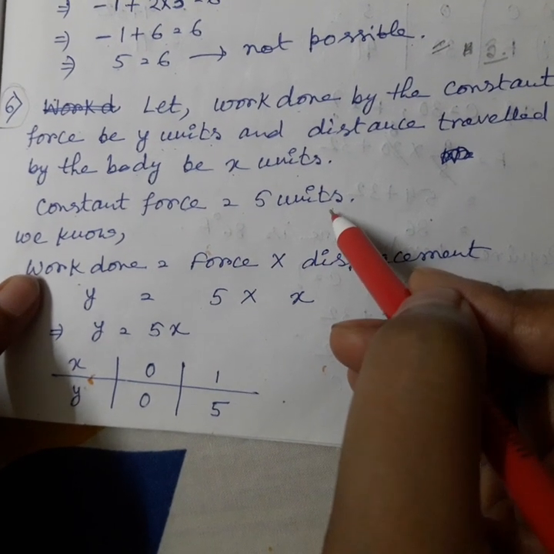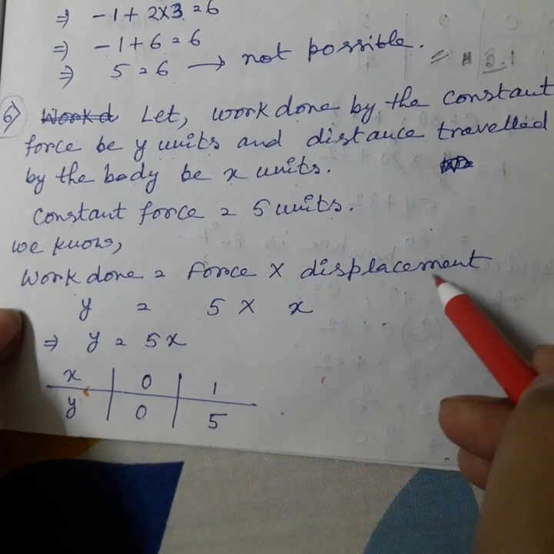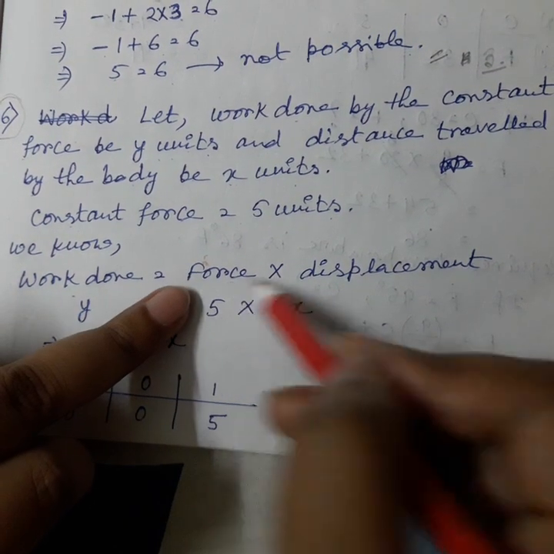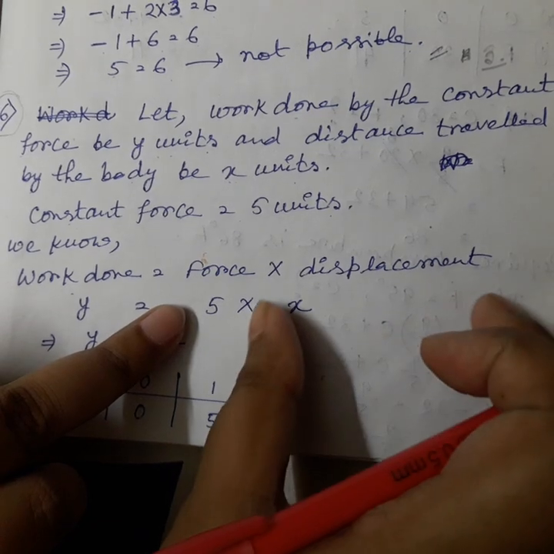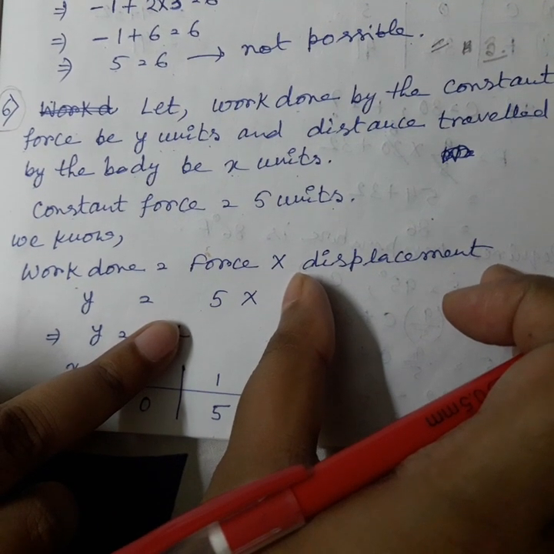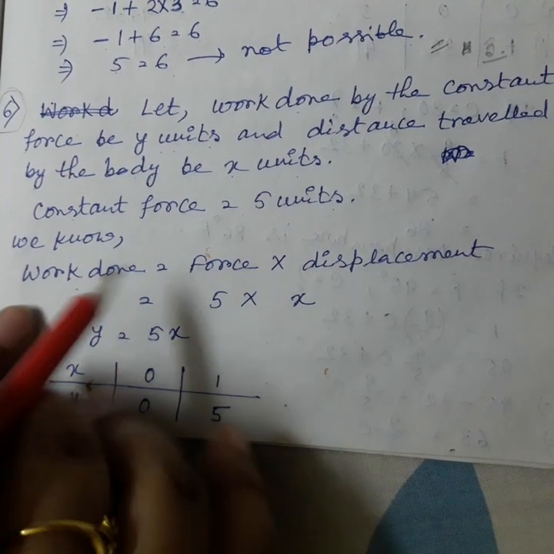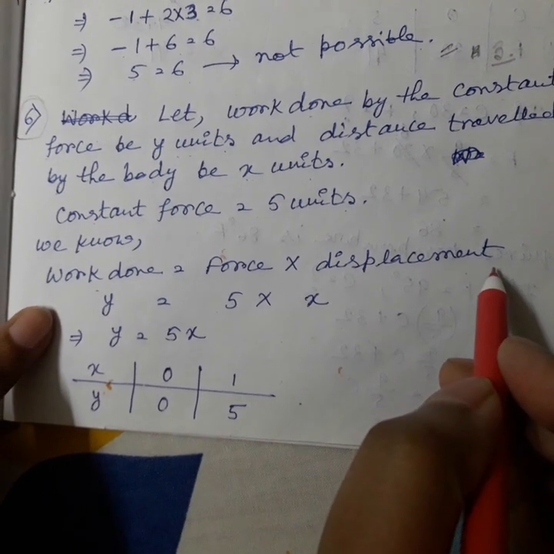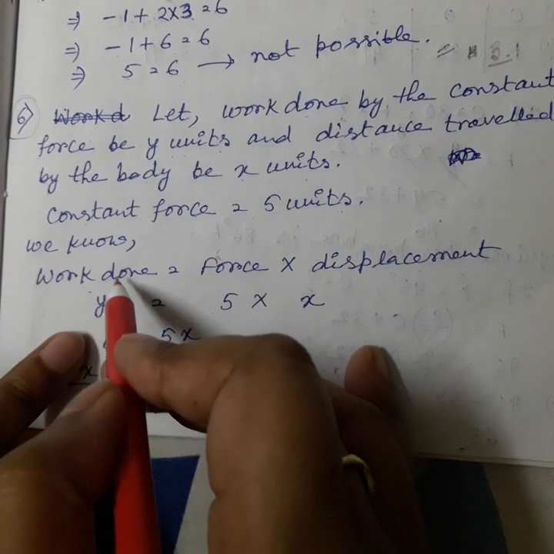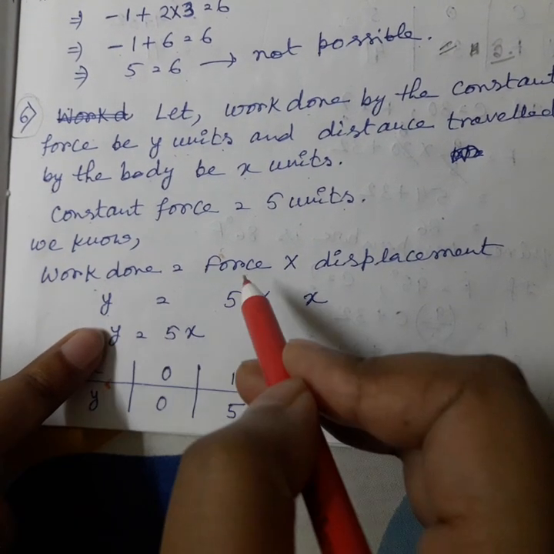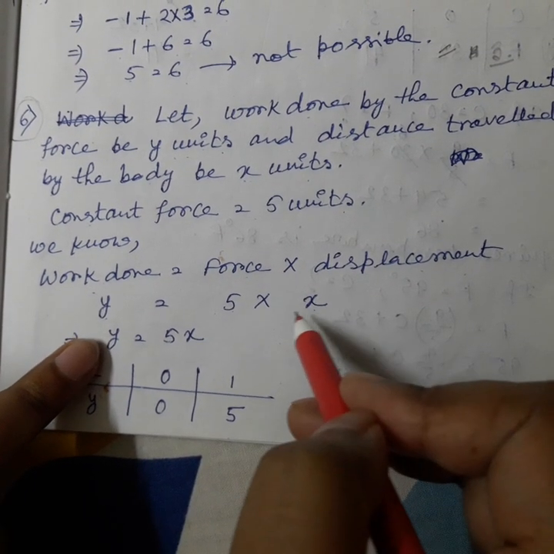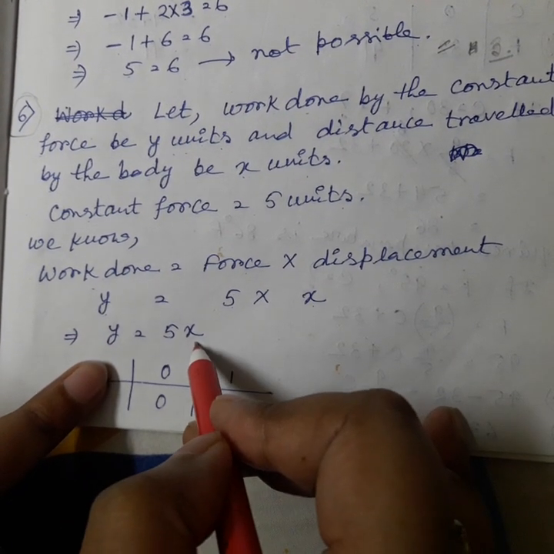Now we know the formula, which you will study in physics: work done equals force into displacement. Displacement means how much distance the object covers. So work done is y, force is 5 and displacement is x, the distance.